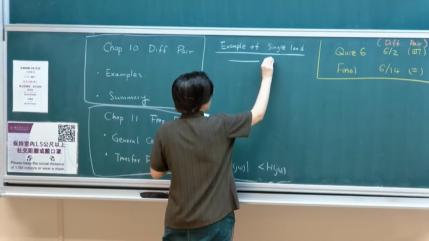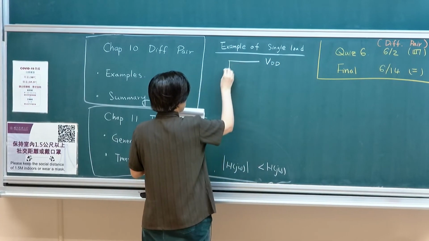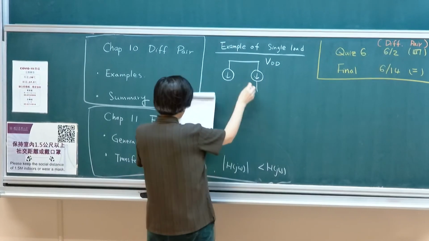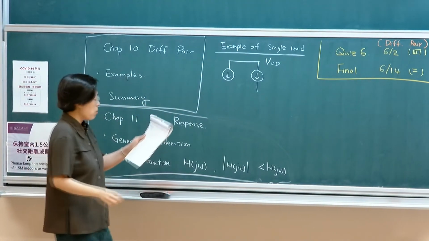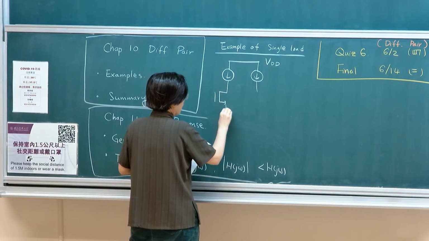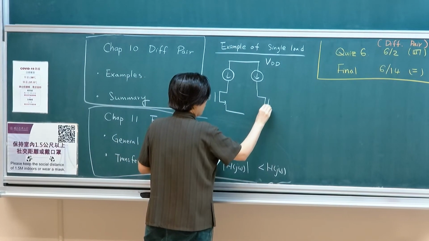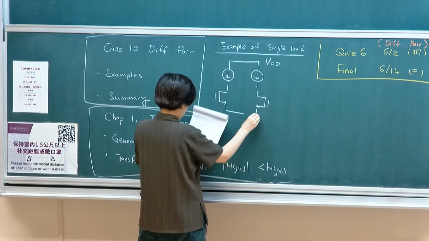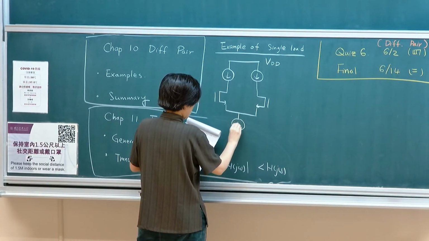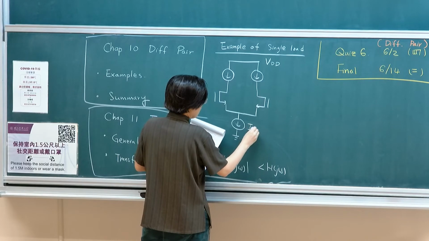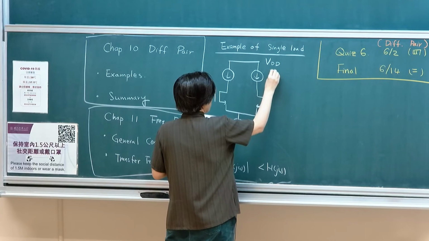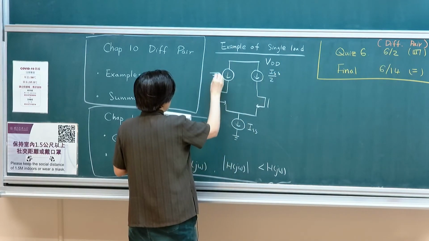So the circuit with a single load, one of the examples will look something like this. These current sources can be made very easily through a current mirror. So instead of having an independent load, let's say this is ISS, I'm making this half of ISS, and this is half of ISS.